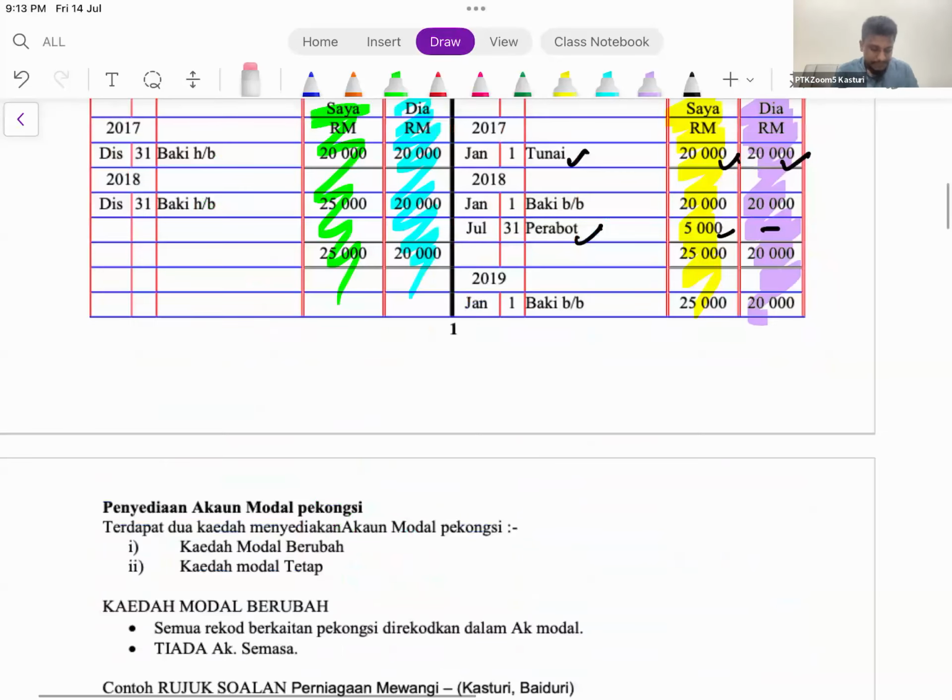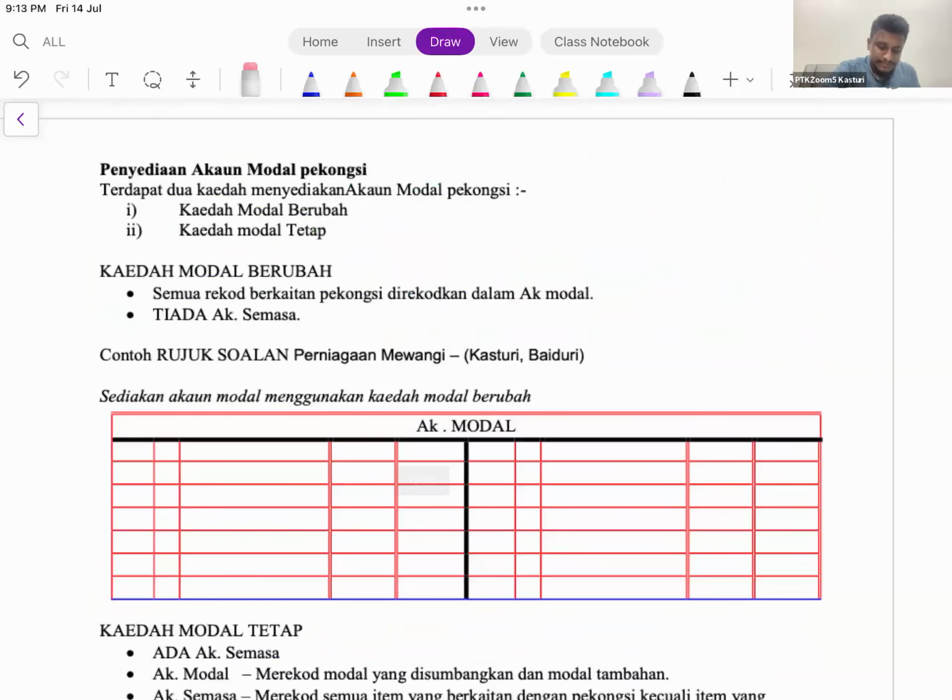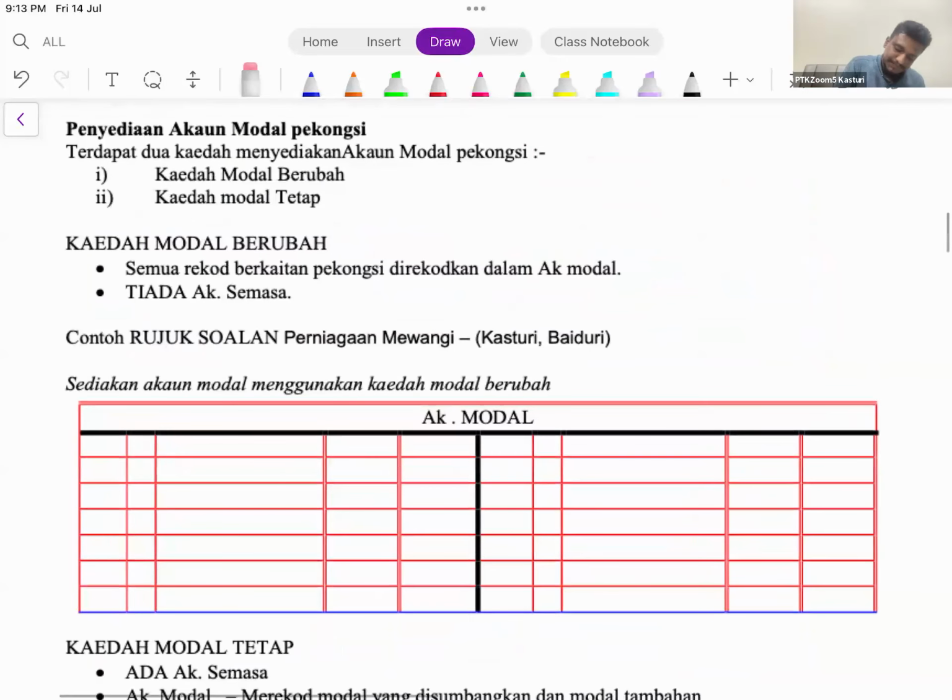Okay, now kita nak sediakan account modal. Ada 2 kaedah untuk menyediakan akaun modal. Satu adalah kaedah modal berubah dan juga kaedah modal tetap. Which one famous in the SPM?